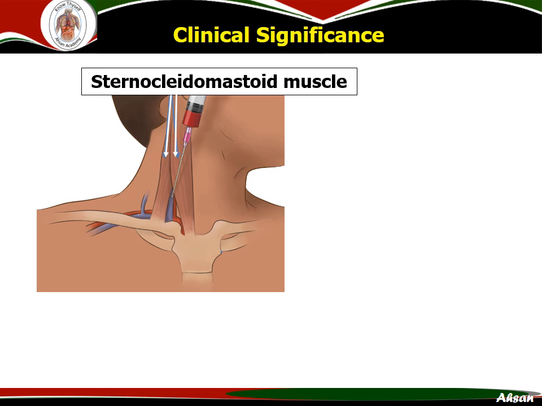If we place a needle in this area, it can easily be placed within this vein, and in an emergency situation we can send medicine into the blood and into the heart directly if we can puncture this one. So this vein is clinically important in life-saving cases.